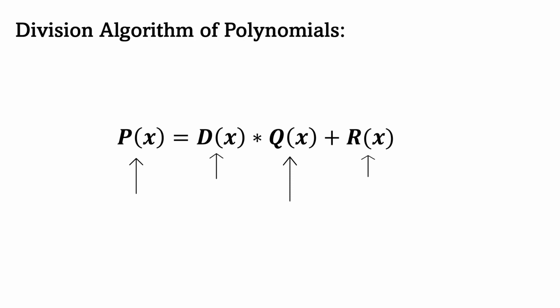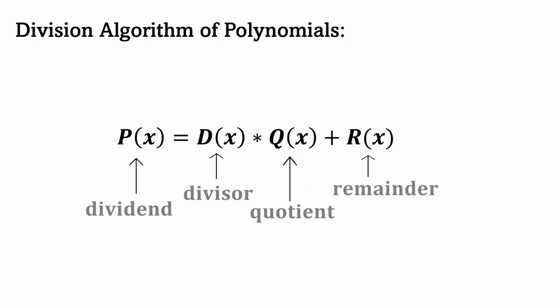In the division algorithm of polynomials, P of x is the dividend, D of x is the divisor, Q of x is the quotient, and R of x is the remainder.